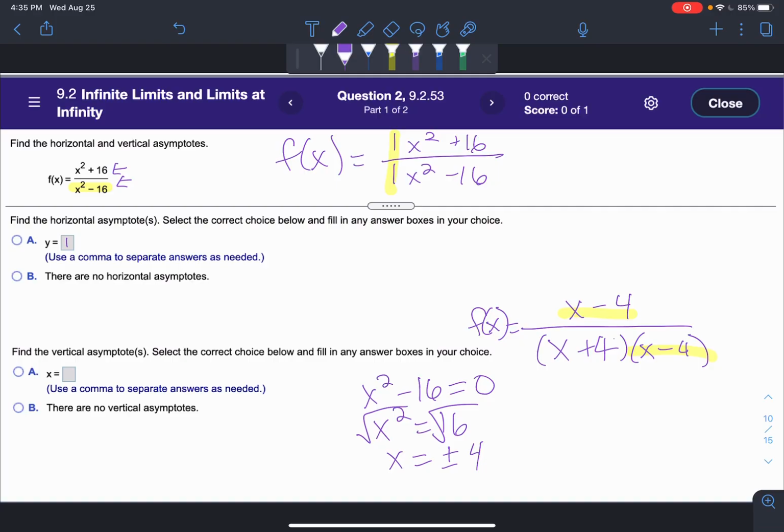And so that would only leave me with x equals negative 4 as the vertical asymptote. So always be sure to check if the numerator is factorable, because it potentially could cancel out with some of the terms in the denominator, which would remove one of your vertical asymptotes. But for the sake of this problem, the answer is negative 4 and 4.